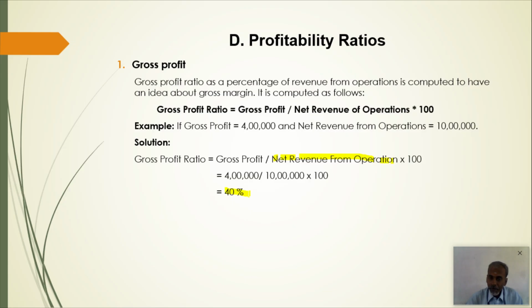And remember, these gross profit ratio standards vary from industry to industry. For example, generally any manufacturing industry has a profitability of 10%. But certain industries with a high investment and high volume of turnover will have around 4 to 5% as gross profit. So it varies from industry to industry.